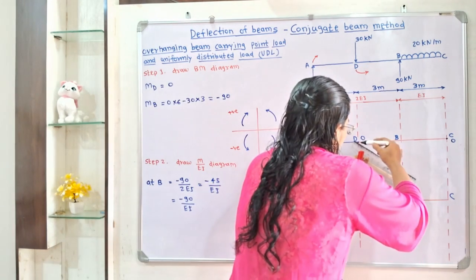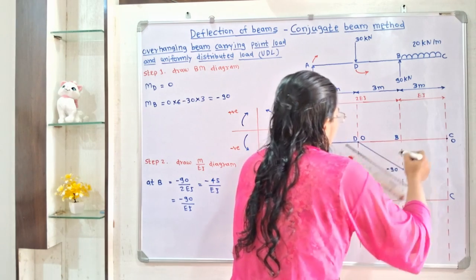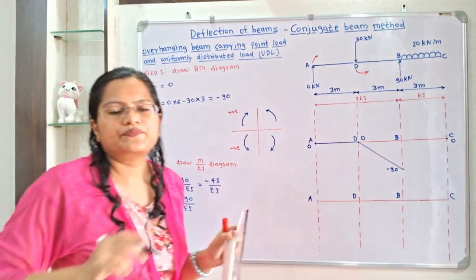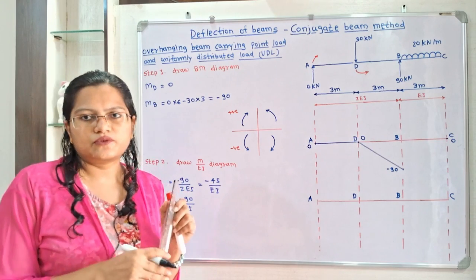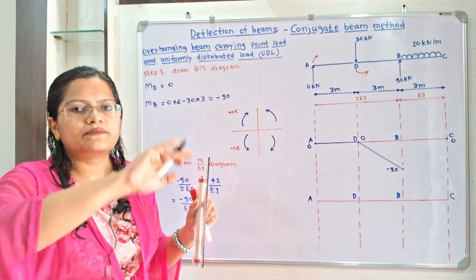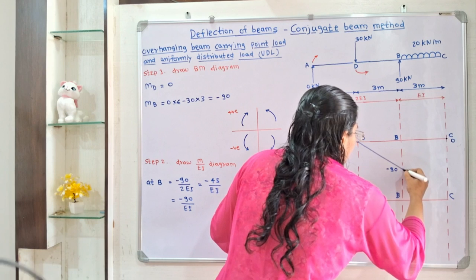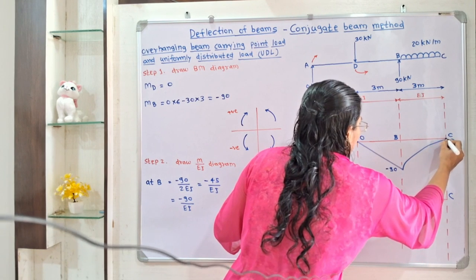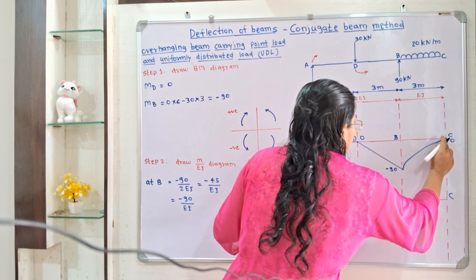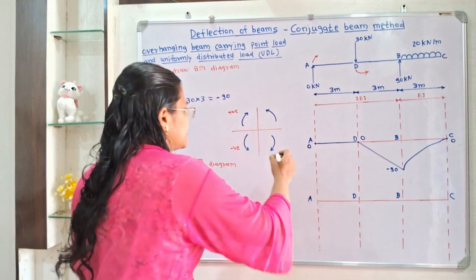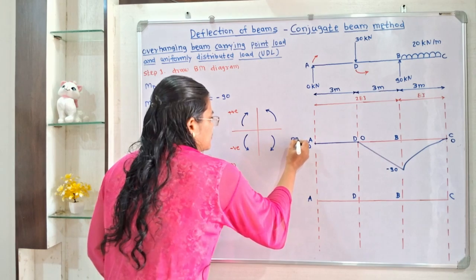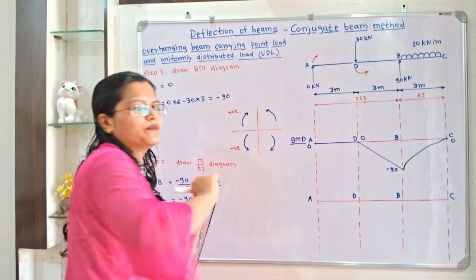So here I will connect this D to B. Now what about B to C? It is uniformly distributed load, so we have to draw the parabolic shape. So from B to C, because of uniformly distributed load, draw this shape. So this is the bending moment diagram. So this first step is getting completed.